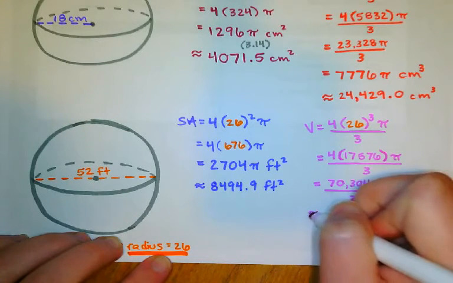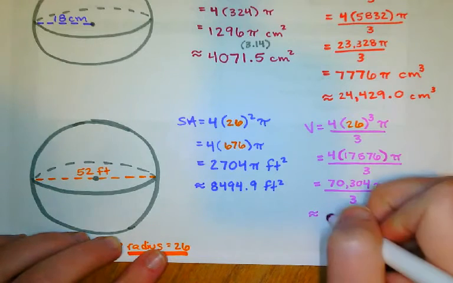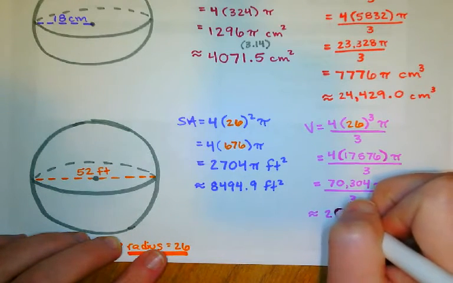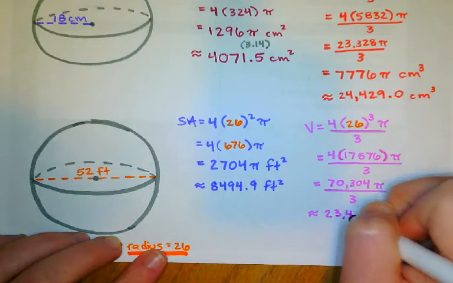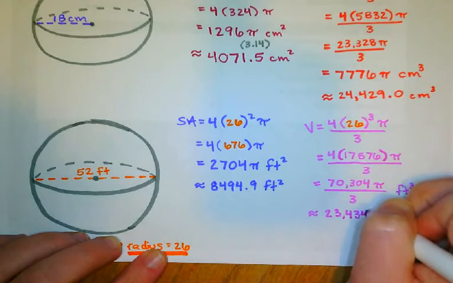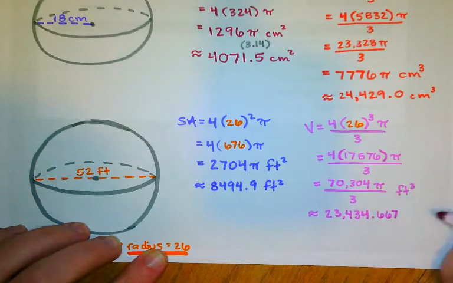We can approximate it with pi since we got a decimal that kept going, 23,434.667 pi feet cubed.